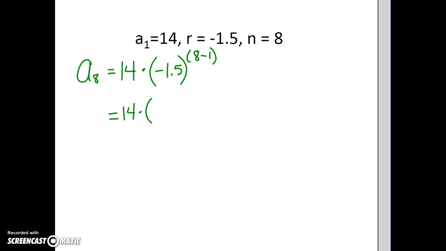So 14 times -1.5 raised to the 7 in the ACT approved calculator. And this time I have -239.20312.